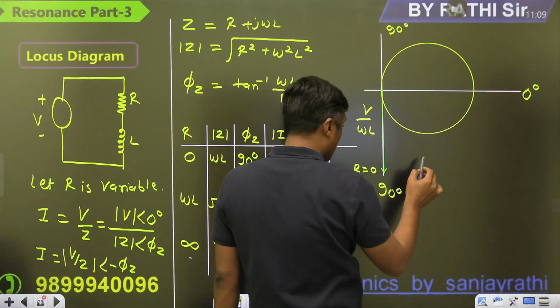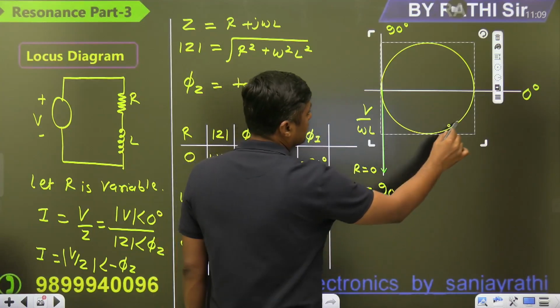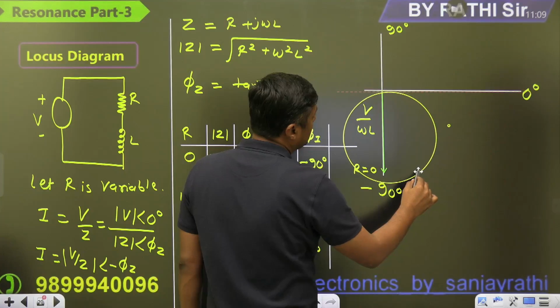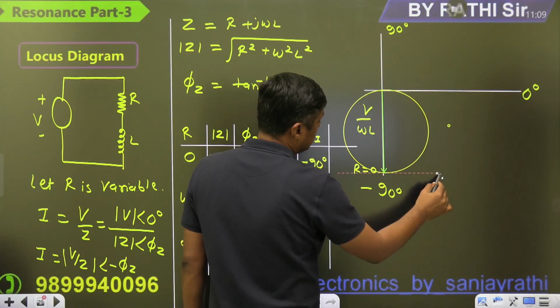In the fourth quadrant, we can draw a semicircle like this.